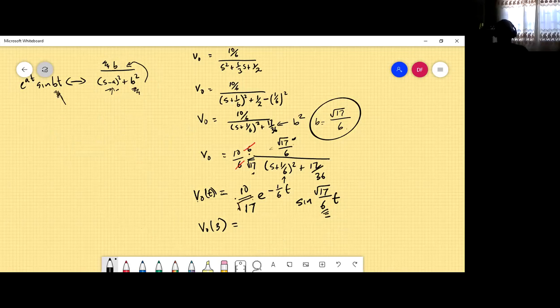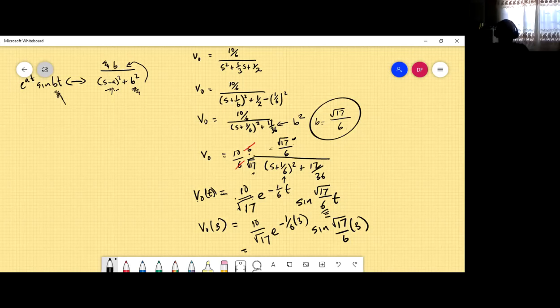So now when we plug in 3 inside there, that's going to be 10 over root 17 times e to the minus 1/6 times 3, times sine of root 17 over 6 times 3. Let's work out what that is equal to. So e to the minus 0.5. I'm putting the calculator in radian mode. Root 17 divided by 6 multiplied by 3.